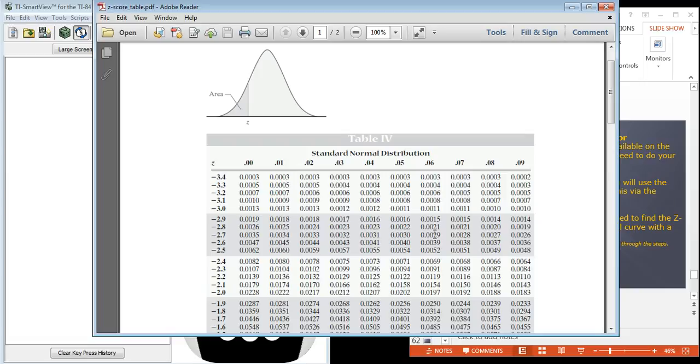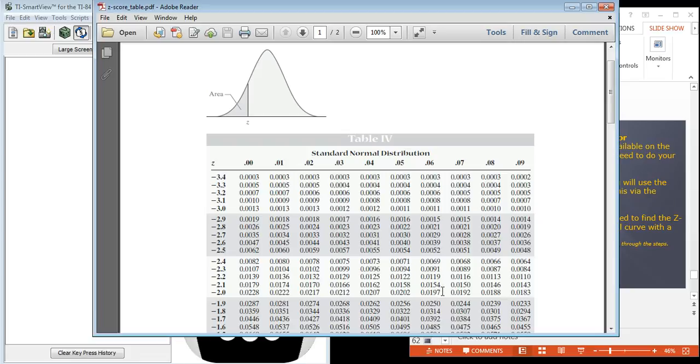But here's our table. We were asked to find the z-score associated with the area under the curve that equals 0.02. So what we did with our table is we looked at the table and found the area associated with 0.02.